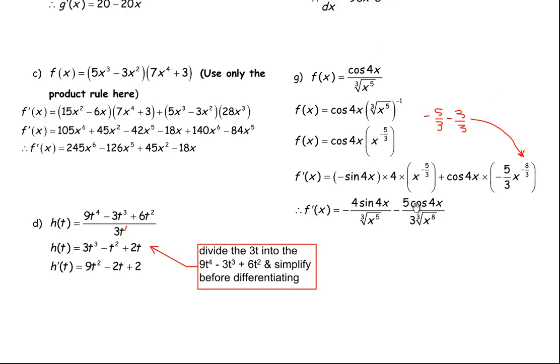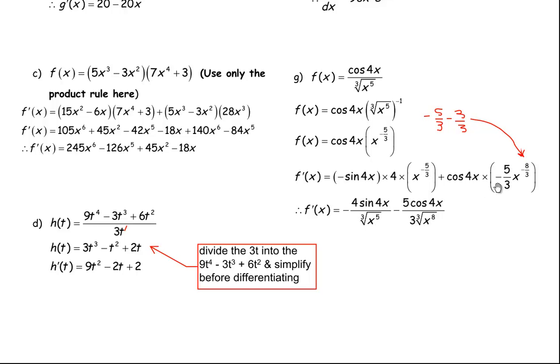Now to simplify this, I would write negative and then bring that 4 in front. So 4 sine 4x, that's that. And then this exponent on the x is negative, so I'll put that root in the denominator. Remember, the bottom number in the fraction, the denominator, is the root, so it's the cube root, and the top number is the power. So it's the cube root of x to the fifth.